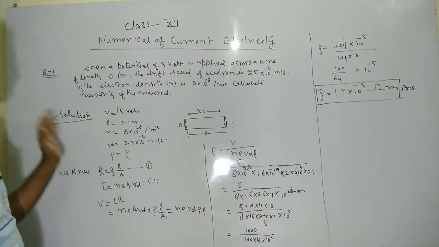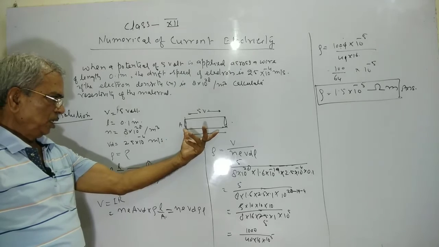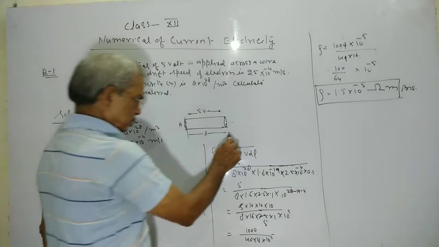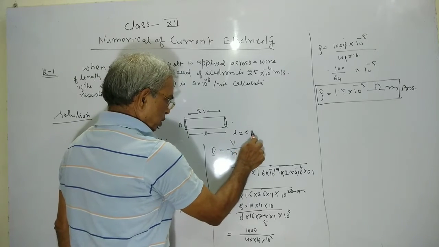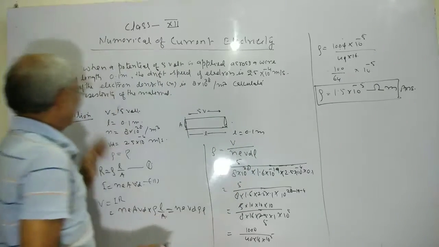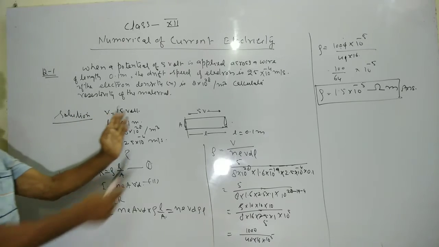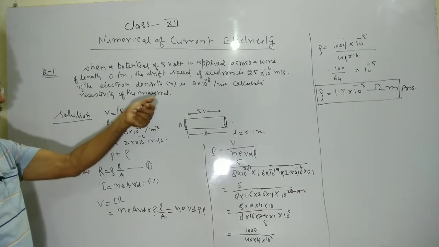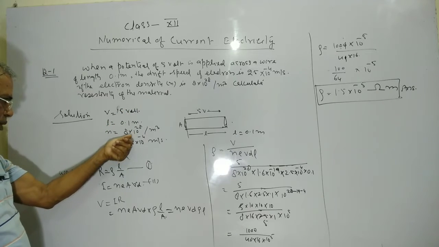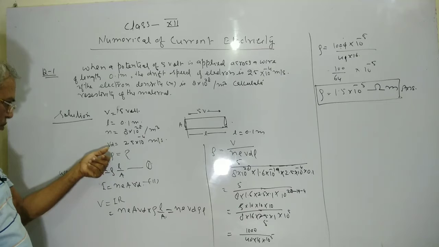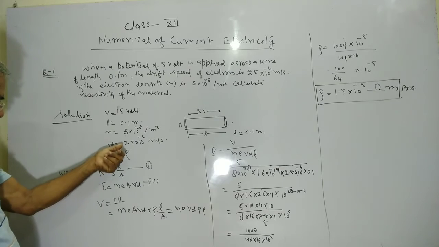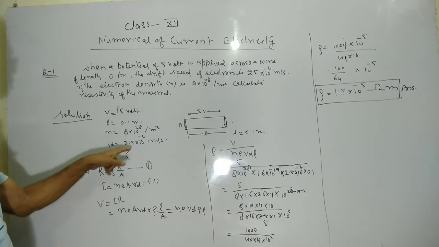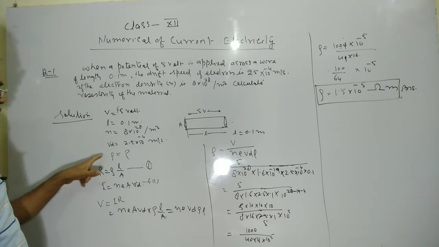Once again, our question is: a conductor has length 0.1 meter. Voltage applied across it is 5 volt. Number of free electrons per unit volume is 8 into 10 to the power 28 per meter cube, and drift velocity 2.5 into 10 to the minus 4 meter per second.